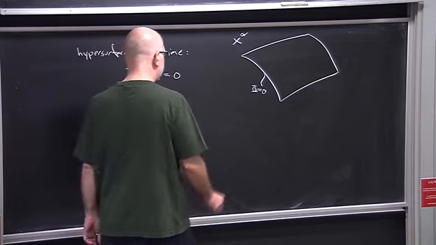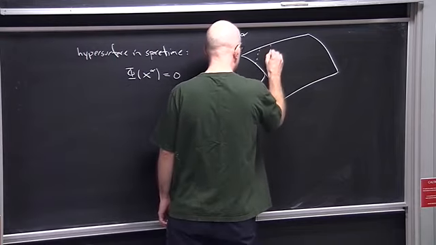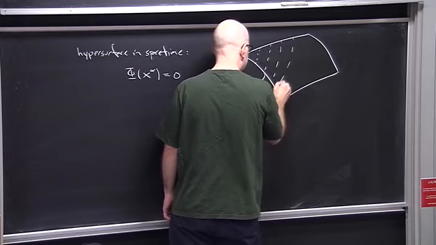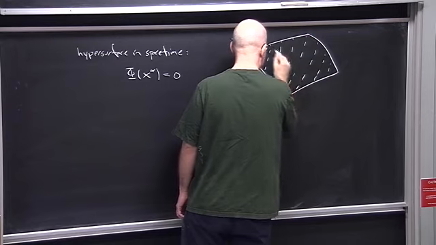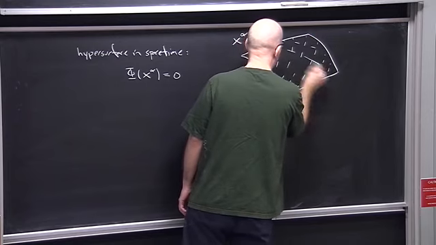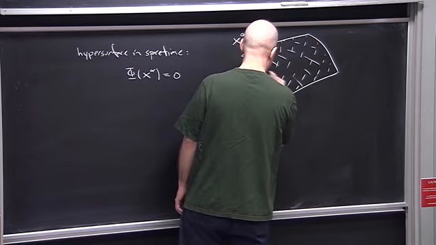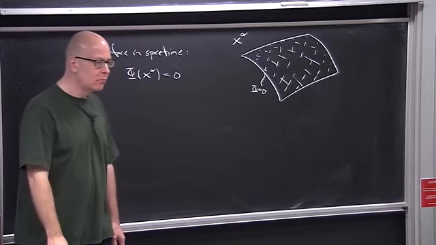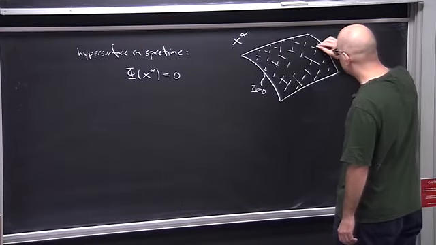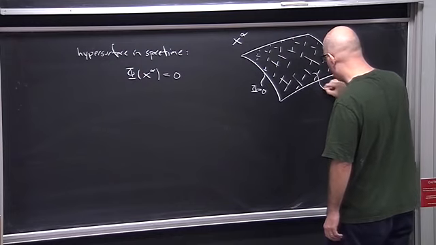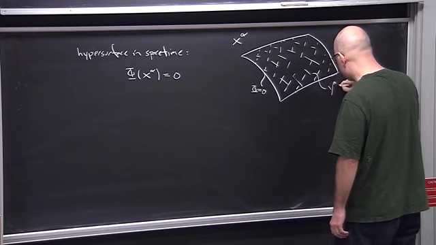The other option is to put a grid on that hypersurface, pick a coordinate system on the hypersurface, a system of intrinsic coordinates, and give a mathematical description of those curves. So here we put a coordinate system on the hypersurface. We have a system of intrinsic coordinates on the hypersurface.